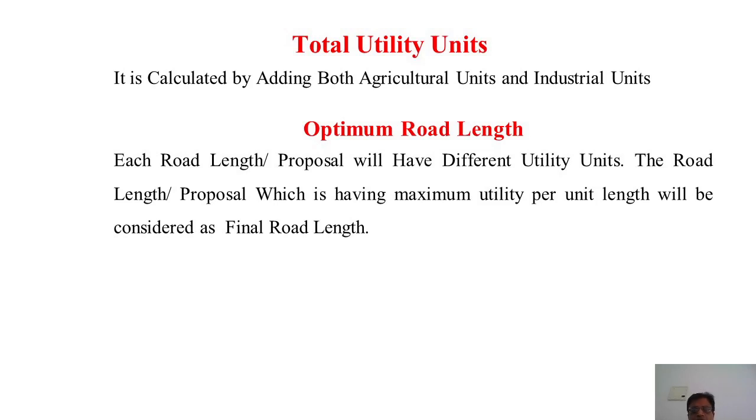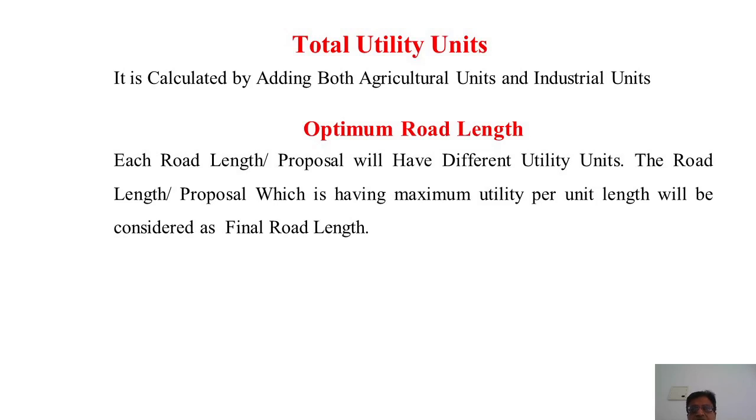So you have to give preference to the road or the road network which gives the highest utility unit based on the population as well as the agricultural and production units. The road network which gets the highest value will be given the first preference.